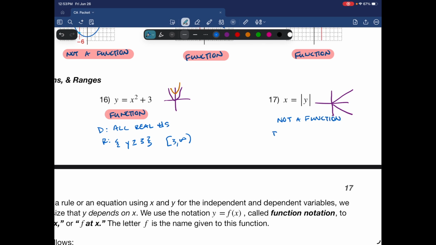And because it's on its side, my range is all real numbers. And my domain is from left to right. The lowest point on the left is 0. So I got 0 to infinity. Like so. All right, so not a function.